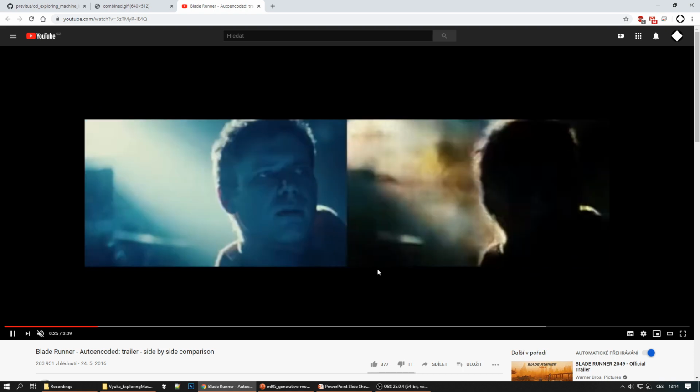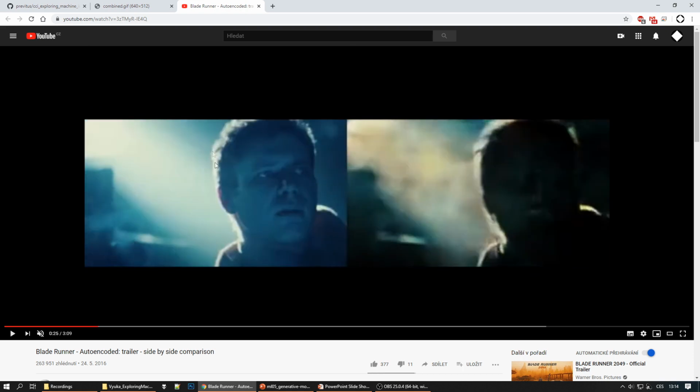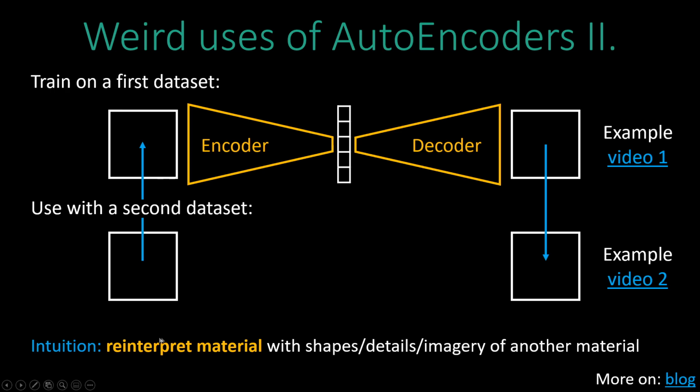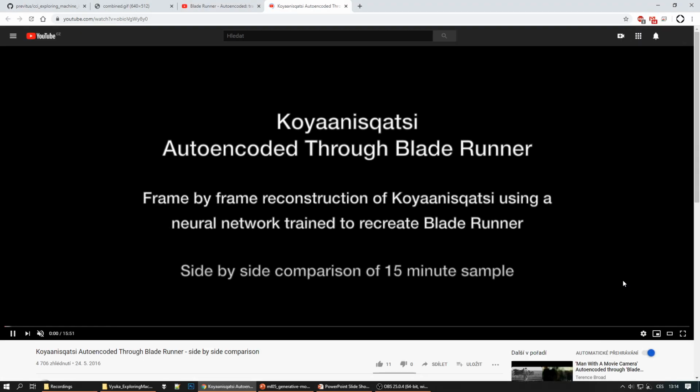In some scenes it's not managing quite well, but some are doing better. So you can still see the shapes and recognize the scene. But if you then use it with some other dataset, like this one, then you can see that the other material is being reinterpreted by the first network.